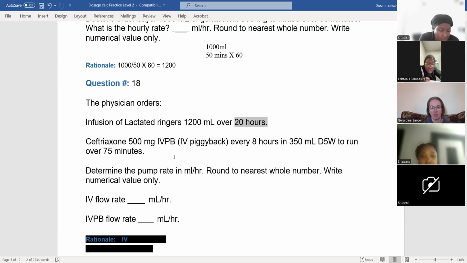Now look at the second one. The problem here is you have mLs and then you have minutes. So you have to convert. So what's your total volume? 350. Then you're going to put that over the minutes, which is 75, and then you're going to multiply the whole thing by 60 to convert it.